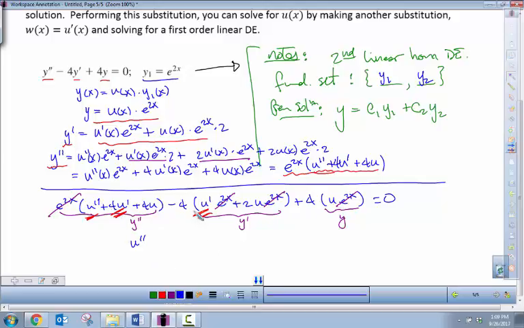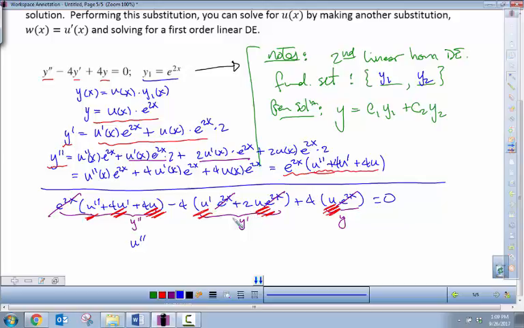That's 4 minus 4. That disappears, right? So that's gone. Let's gather the u's. I got 4 minus 8.